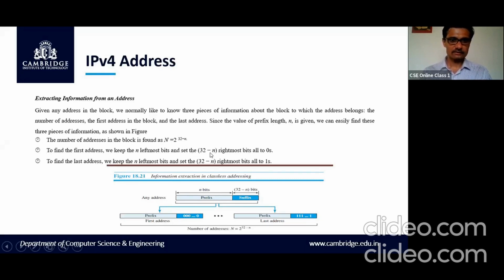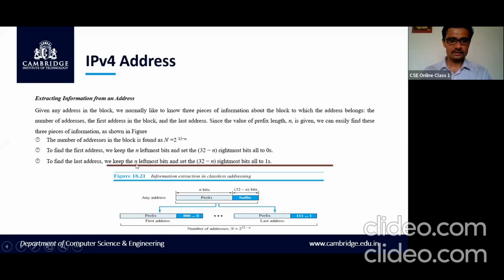Similarly, the first address can be found like this: you retain the n leftmost bits, that is the prefix bits, and the remaining suffix bits on the right side are made all zeros. So we get the first address.